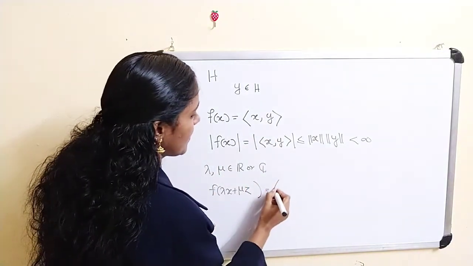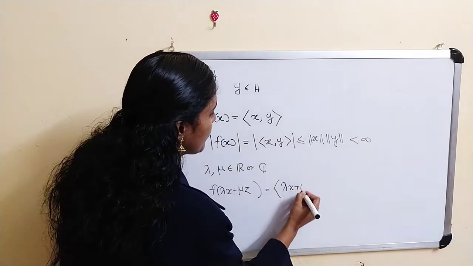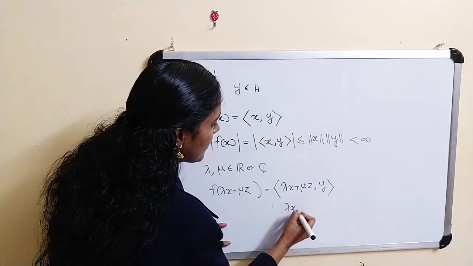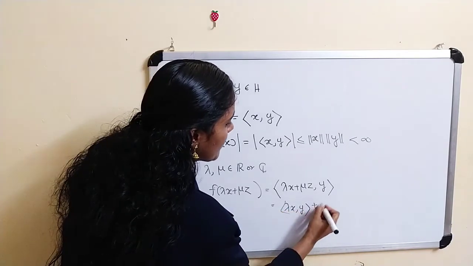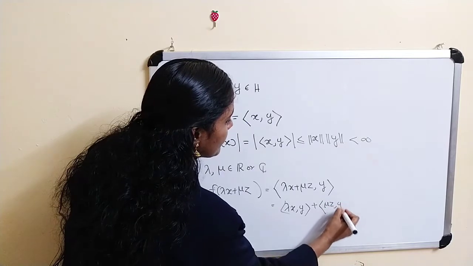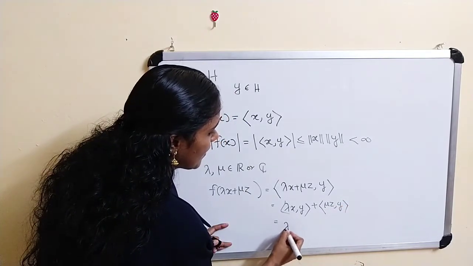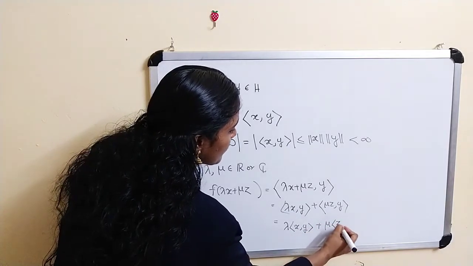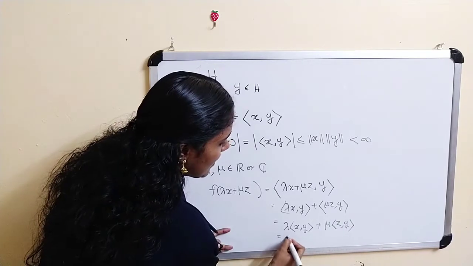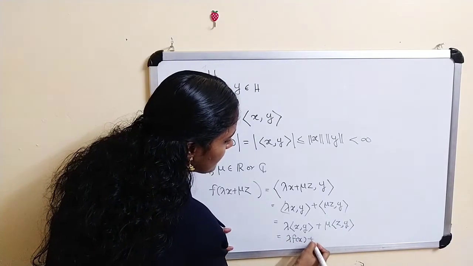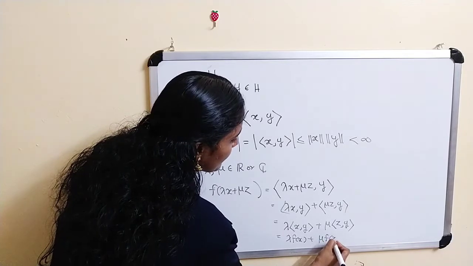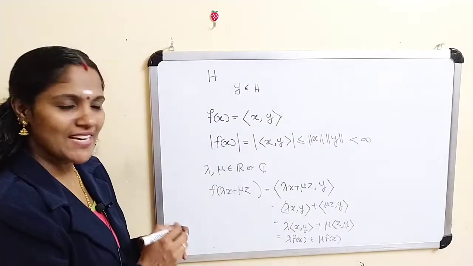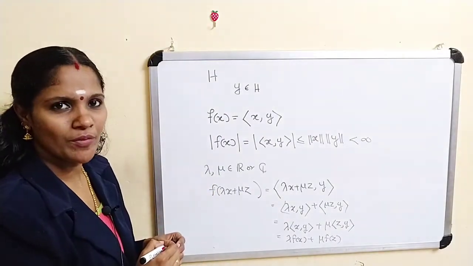Inner product of lambda x plus mu z, y, and this is equal to lambda inner product of x, y plus mu inner product of z, y, and this is lambda f of x plus mu into f of z. And this is true for any x, z belonging to our Hilbert space H, and any scalars lambda, mu.